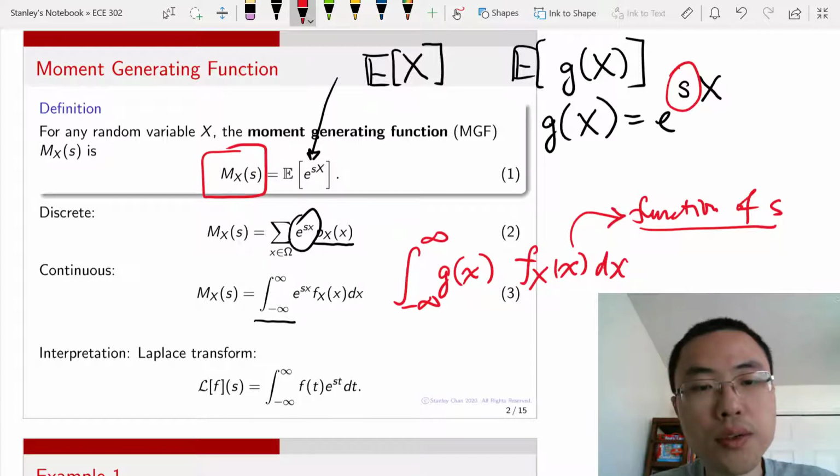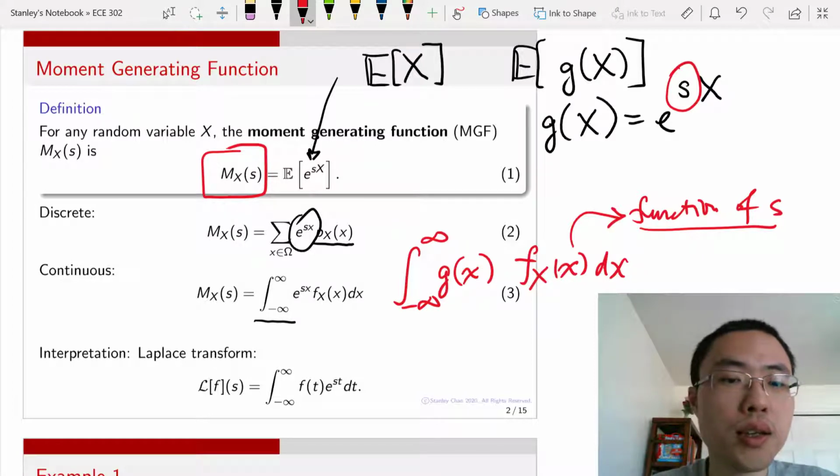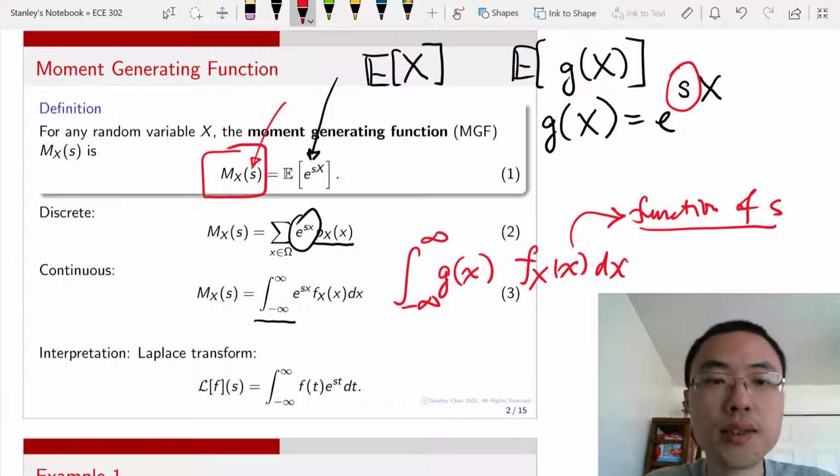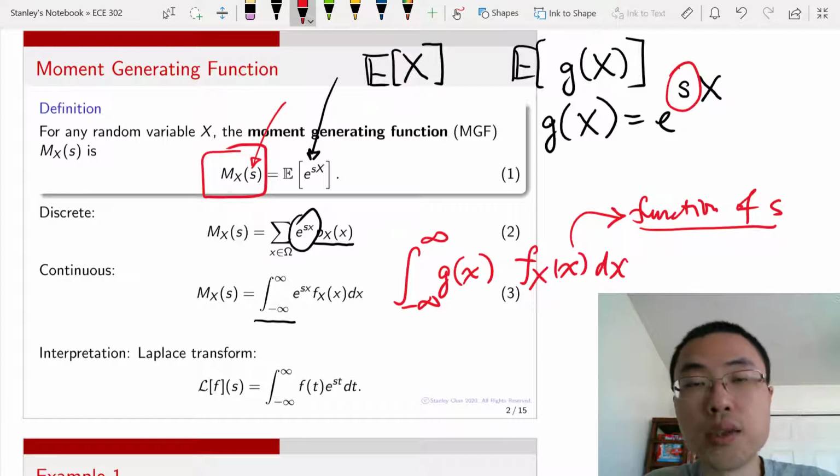Now, in this notation, you can see that it is M of X, and therefore I'm looking at the moment-generating function of the random variable X. The s here is the parameter that you tell me. Let's say today you want to look at s equals 1, then plug s equals 1 into this M of X. Then you will get the moment-generating function evaluated at s equals 1.